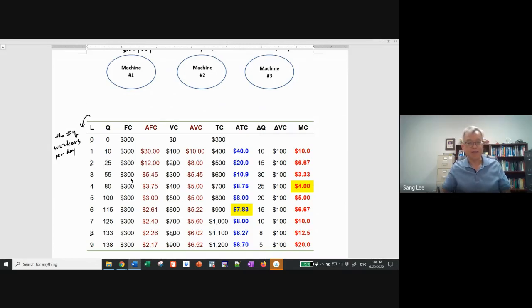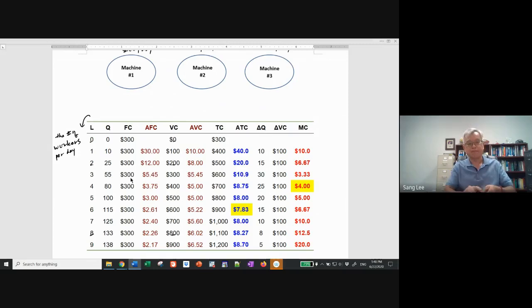But fixed cost, the cost of machines, since we only have 3 machines, and each machine costs you $100 a day, fixed cost per day is always $300. So fixed cost does not change. And then total cost is fixed cost plus variable cost.